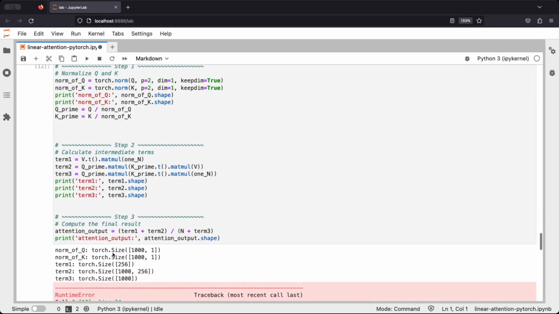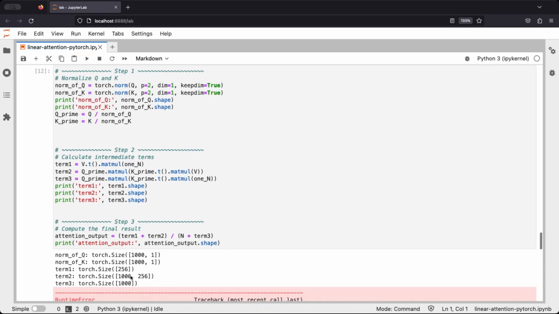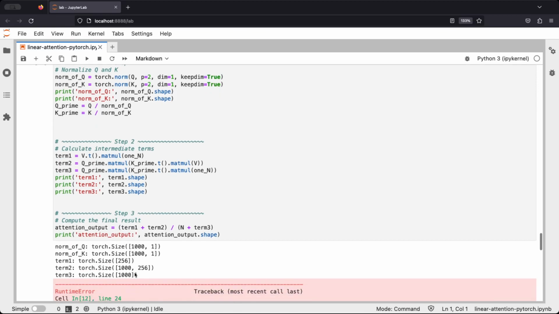So norm of q is n by 1, so that it still has 2 dimensions because we used keep dim equals true. Otherwise, it would have been just n. Term 1 is a vector of size d. Term 2 is n by d. Term 3 is a vector of size n.